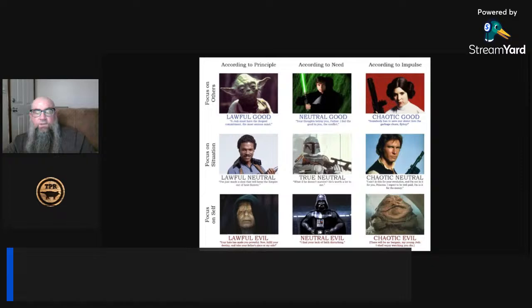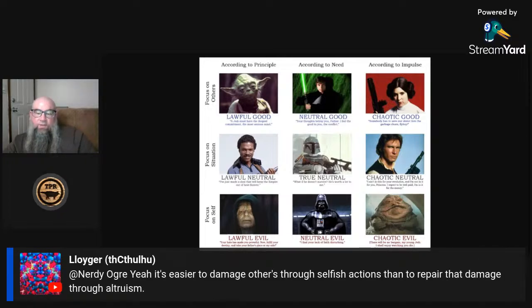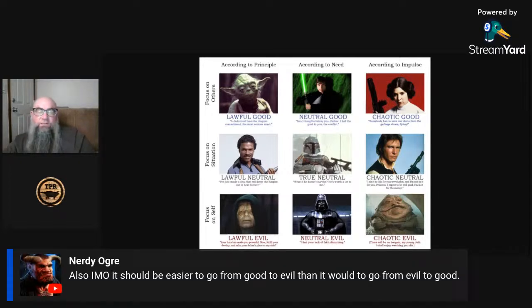The last comment we have here at the moment is Nerdy Ogre, who says also, in my opinion, it should be easier to go from good to evil than it would be to go from evil to good. I think for a human being, yes, because we are selfish, possessive primates, and I think it's easier to act in your own self-interest than it is to be altruistic.